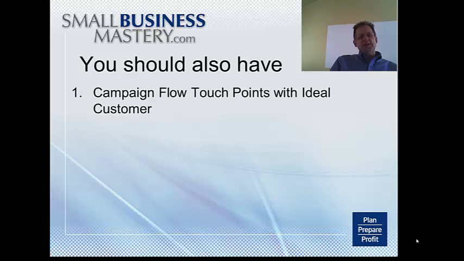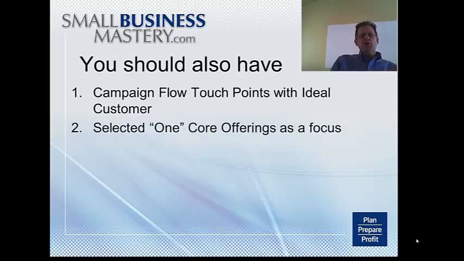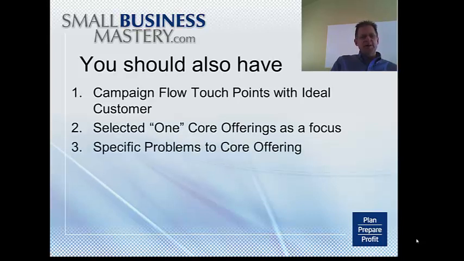This is the sales process that a customer would go through from start to finish with you, and it's the campaign flow. You selected one core offering from that list of core offerings that you were focusing on. You created specific problems, questions that might be asked, or burning desires around that core offering.